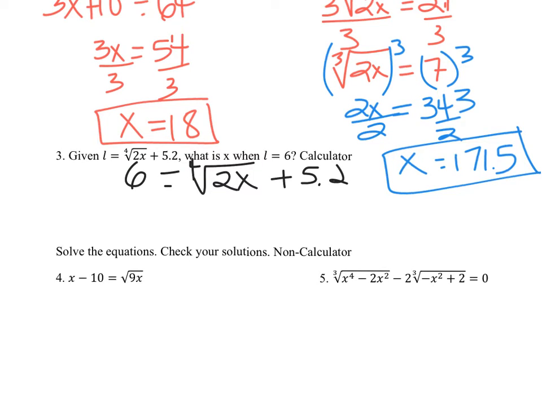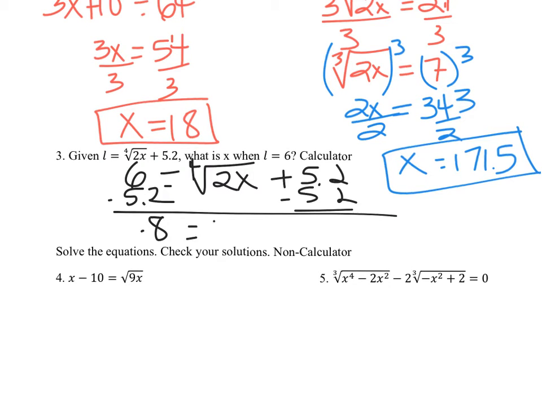Okay. In order to solve this, you're still going to need to subtract this 5.2 first. Okay. And then we can deal with the rest of it in a little bit. But go ahead and do that first. Subtract 5.2. All right, so then you have 8 tenths equals the fourth root of 2x.